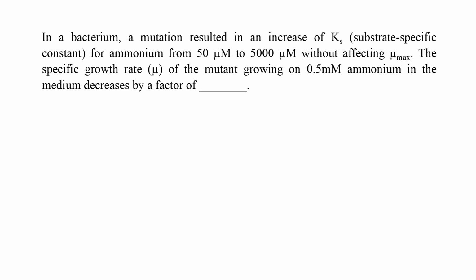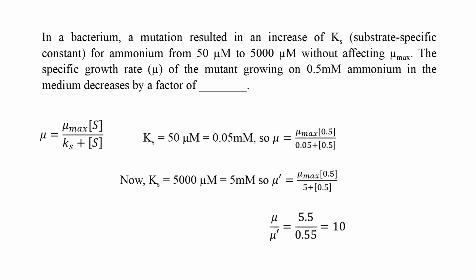Moving on. In a bacterium, a mutation resulted in an increase of Ks, that is substrate specific constant, for ammonium from 50 micromolar to 5000 micromolar without affecting the mu max or the maximum velocity. The specific growth rate of the mutant growing on 0.5 millimolar ammonium in the medium decreases by a factor of. So we know mu is equal to mu max, or the maximum growth rate, into the substrate concentration divided by Ks, substrate specific constant, plus the substrate concentration.